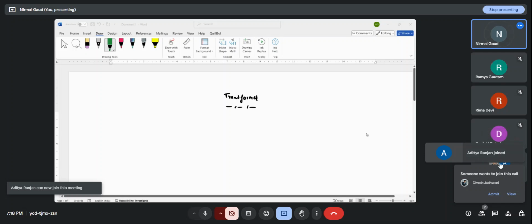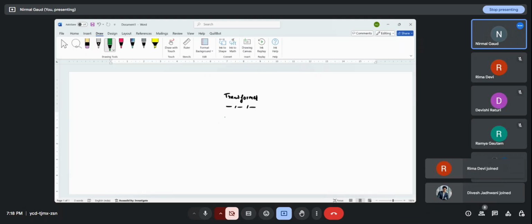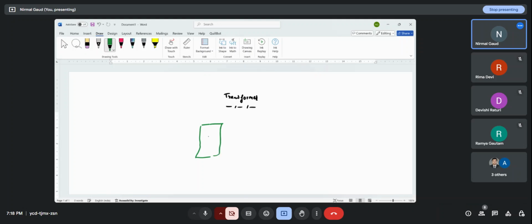In these two components, this is your encoder part and this is your decoder part. We are going to give the input here, and from here we are going to get the output.